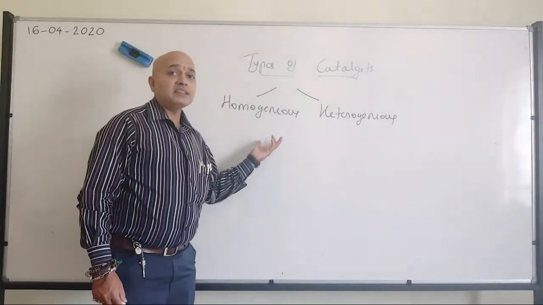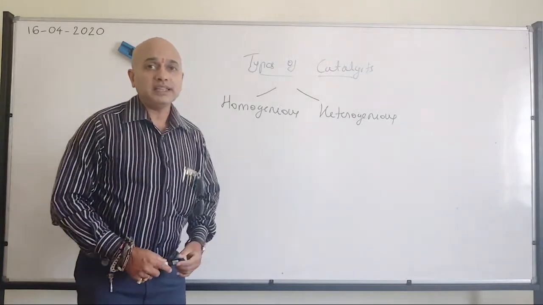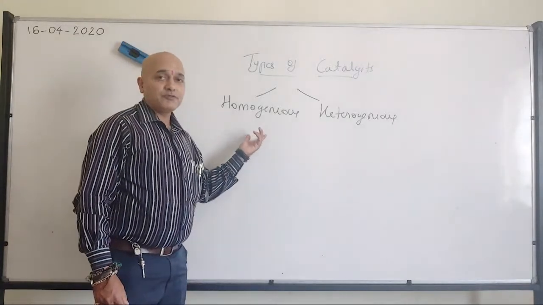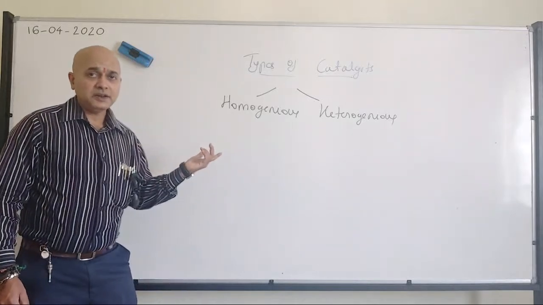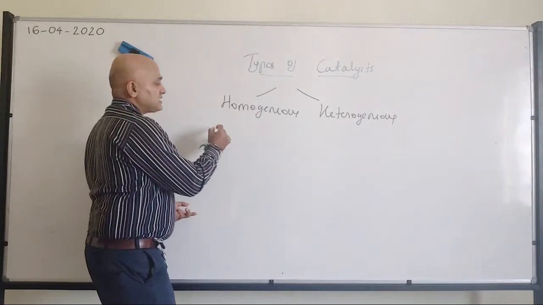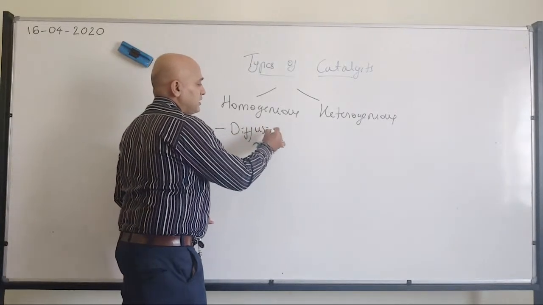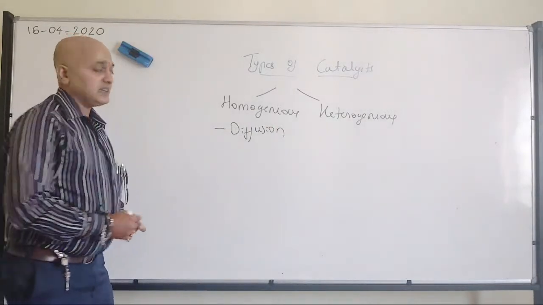Now in the mechanism we discussed how adsorption plays a role during the catalytic mechanism, where a reactant which is gaseous in nature will diffuse towards the catalyst surface. So first is diffusion of reactants towards the catalytic surface.